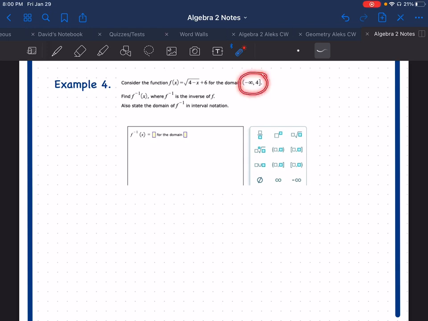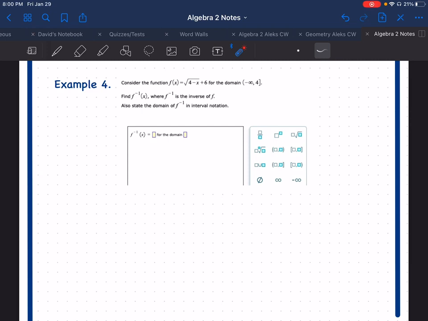They're showing me the domain is negative infinity to positive 4, or x is less than or equal to 4. These are the values from 4 down to negative infinity. And they want me to find f inverse of x, the inverse of this function. Then they also want me to state my interval domain.